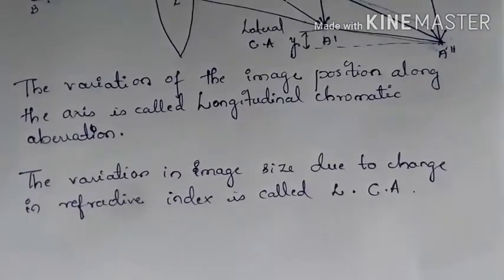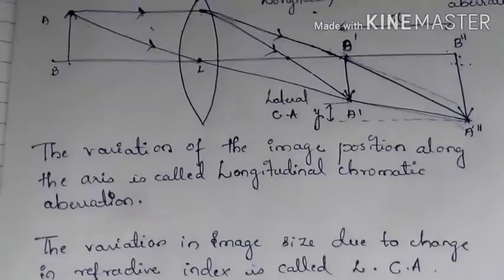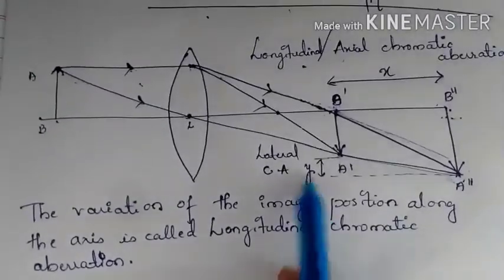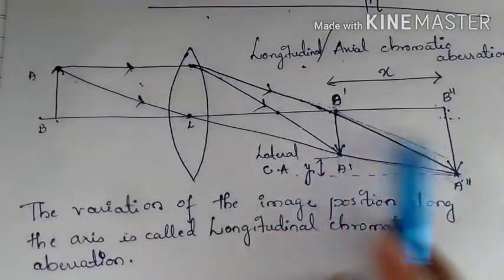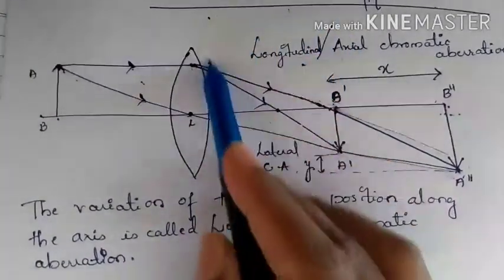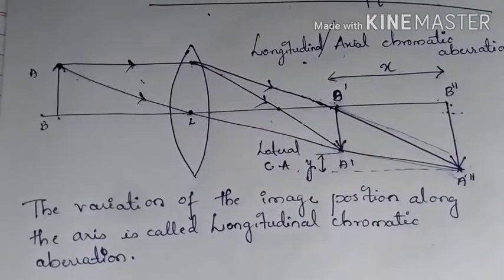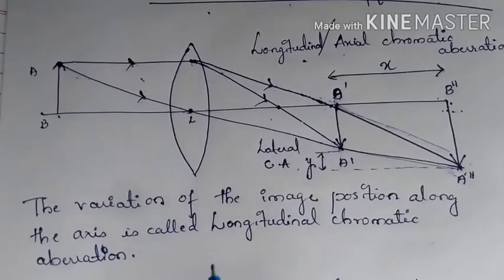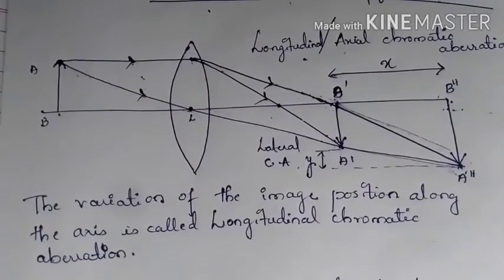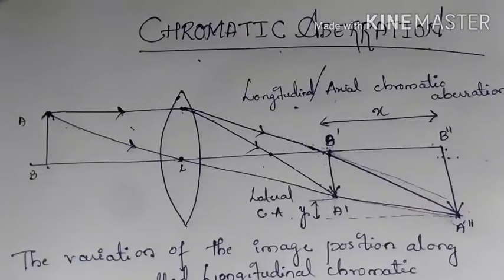So we saw what longitudinal chromatic aberration and lateral chromatic aberration are. Lateral chromatic aberration gives the change in the size of the image, and longitudinal chromatic aberration gives the change in the position of the images on the axis. These are the 2 points that you have to remember in chromatic aberration.